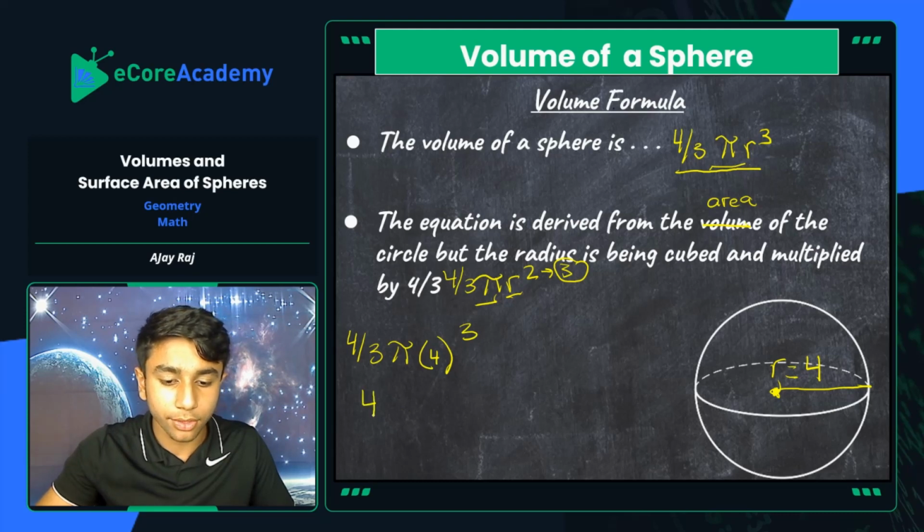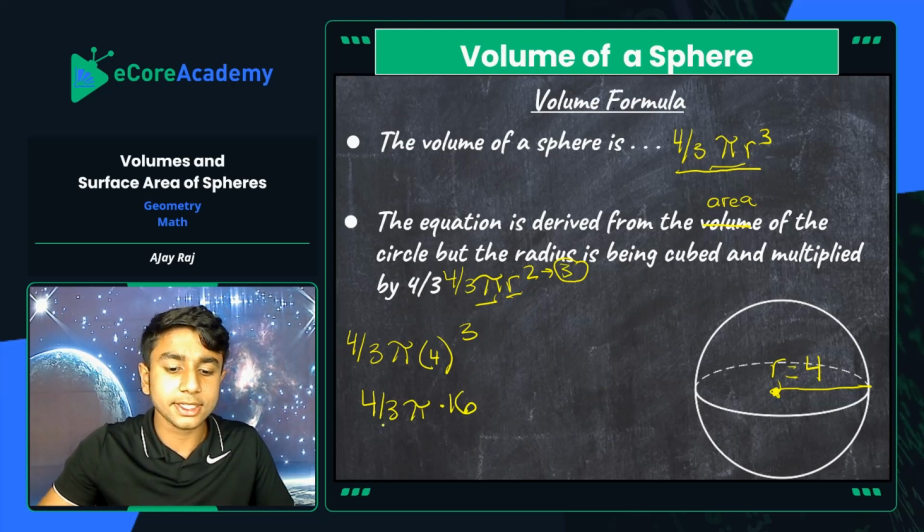So 4/3 pi times 64. We're going to multiply 64 by 4/3, and that's going to be 256 divided by 3. And 256 divided by 3, we're going to leave as an improper fraction. So 256 over 3 pi. However, if you did want to simplify that, it would be 85 and 1/3 pi.